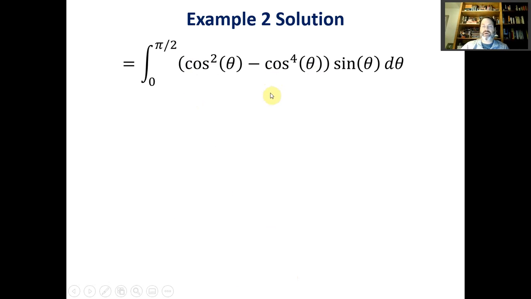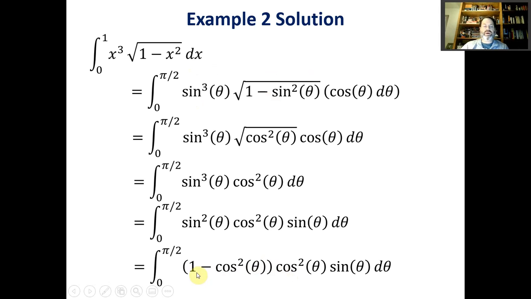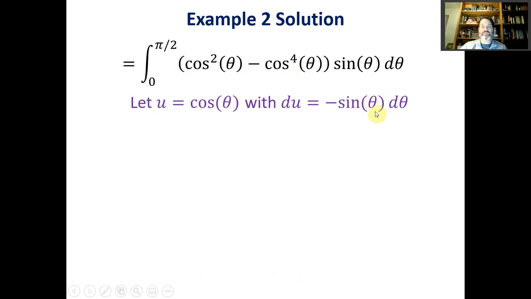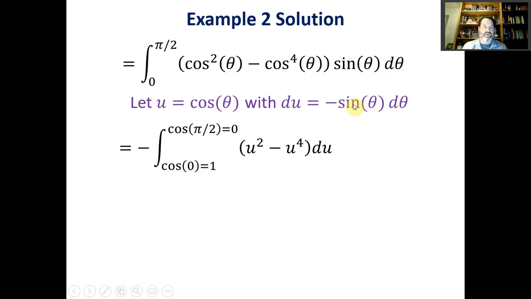Right? So let me go back one slide, show you. Cosine squared times 1 is cosine squared. Cosine squared times cosine squared is cosine to the 4th. Now it's a U substitution. And this is negative sine theta. We have sine theta, so it's just going to put a negative in front of the whole thing.